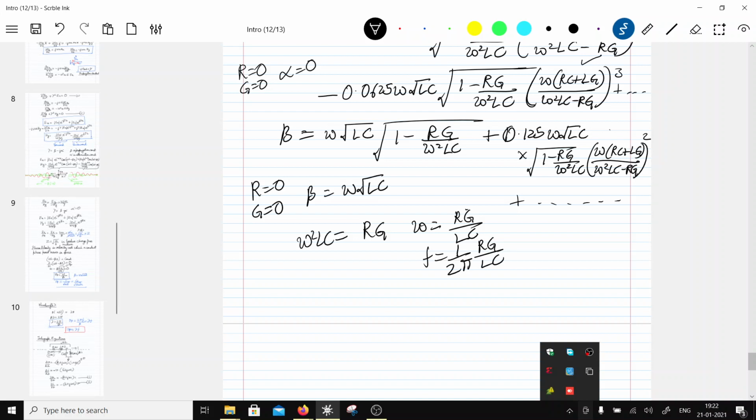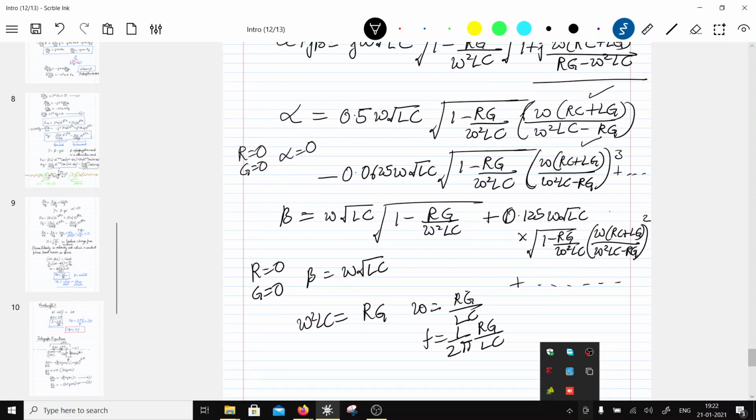Okay, so this is the frequency where attenuation constant will become infinite, isn't it?